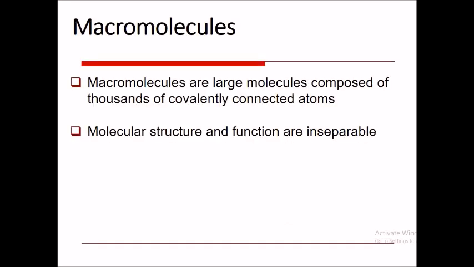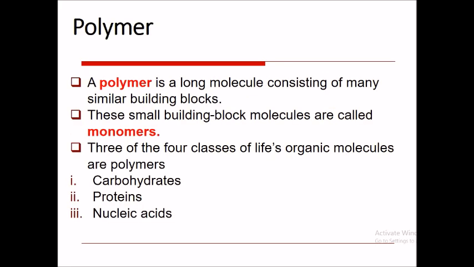Okay, next is macromolecules. Macromolecules refer to large molecules composed of thousands of covalently connected atoms, in which the functional groups, as I mentioned earlier, will give a specific structure to the macromolecule when they are attached to it, and thus give a specific function to that macromolecule.